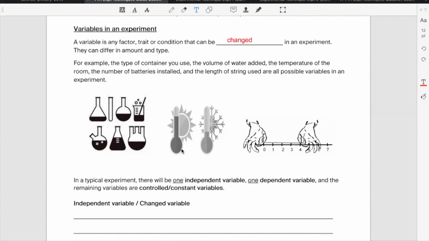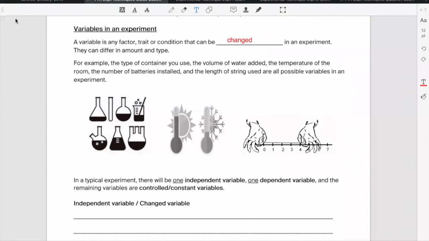So please, you need to be very clear with this. Anytime they ask you to identify the change variable or measured variable, remember it can never be a one-word answer. You cannot say container, you cannot say water, you cannot say room. It is always what of the container, what of the water, what is the exact factor that you are changing. I've already written a few examples here for you.